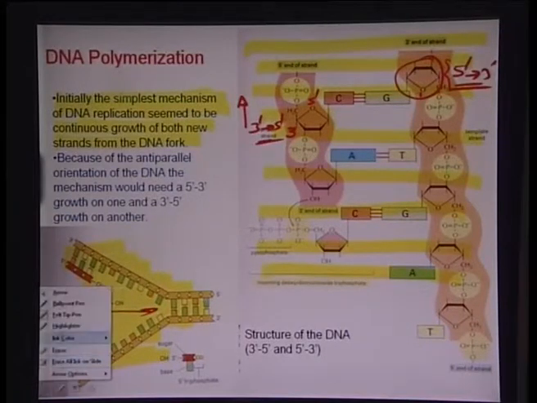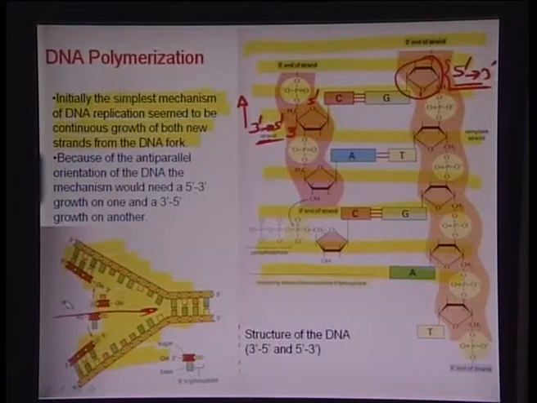There is an opening of these two strands in both directions like this, and thereafter there is a continuous growth of both the new strands from the DNA fork.